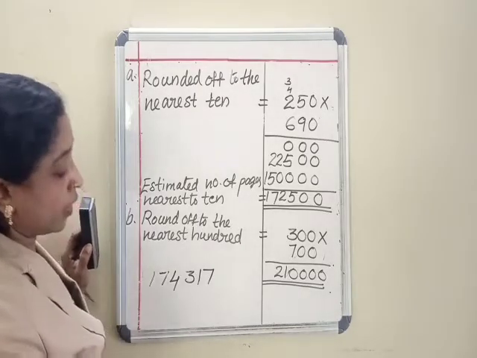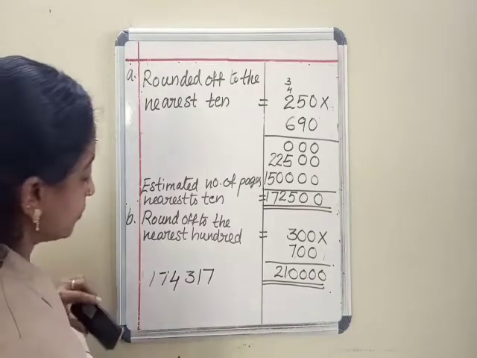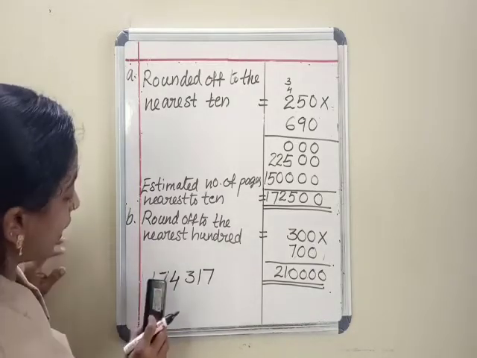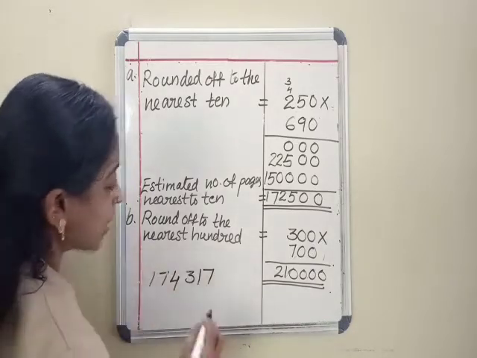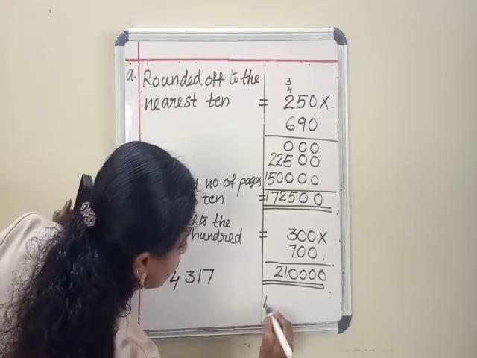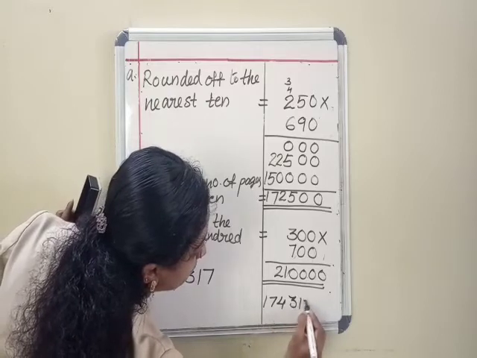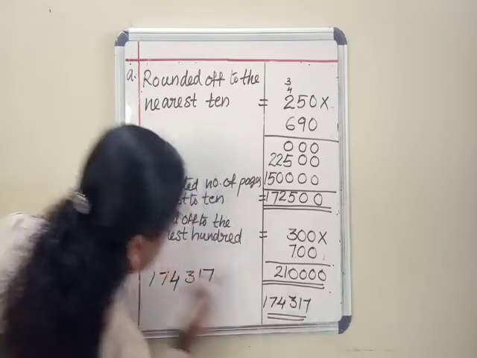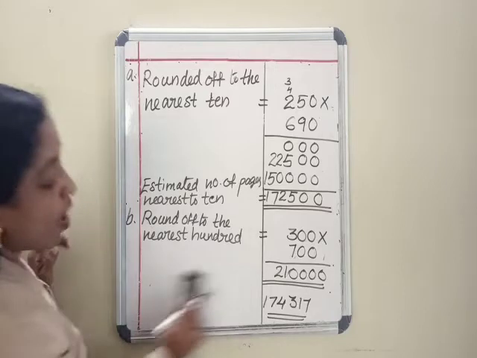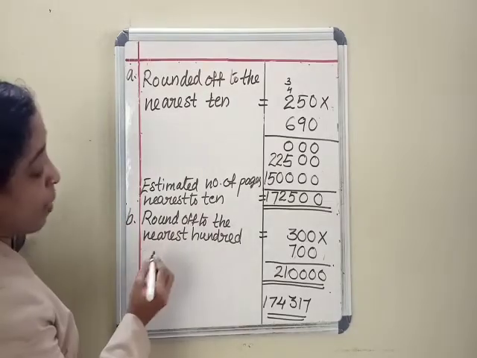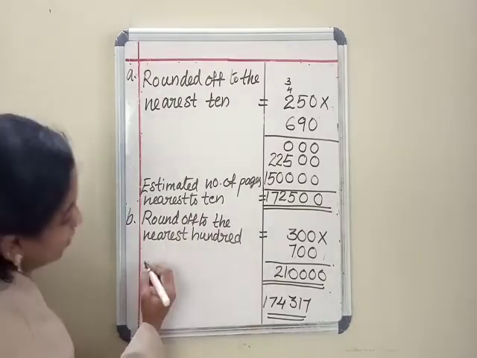2,10,000. This is what? Yeah, this actual product I am writing here. 1,74,317. This is the estimated number of pages nearest to 100.